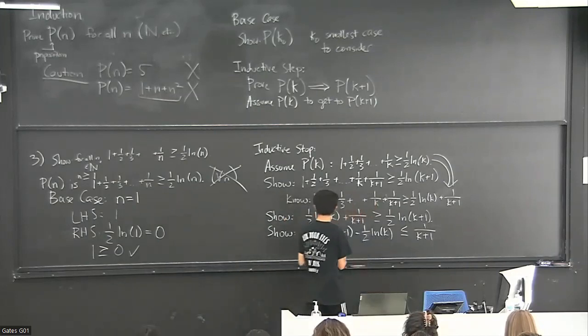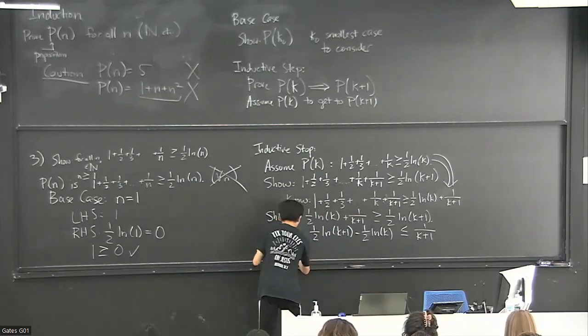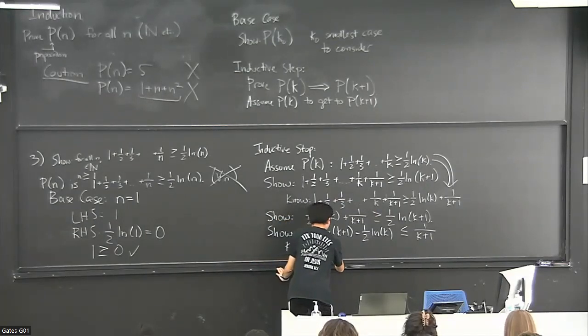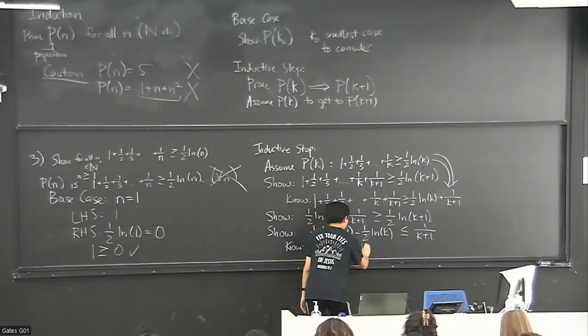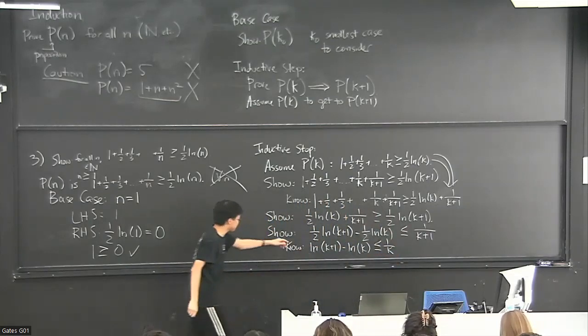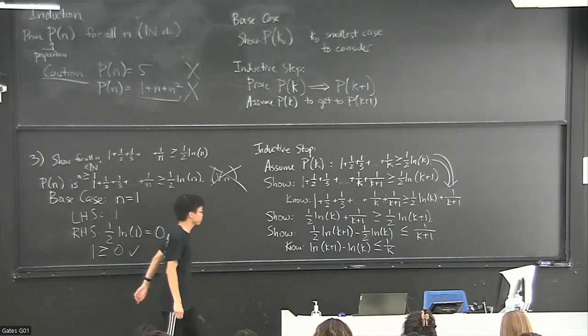Now, what else do I know? I also know ln(k+1) - ln(k) is less than or equal to 1/k. This is something I already know.